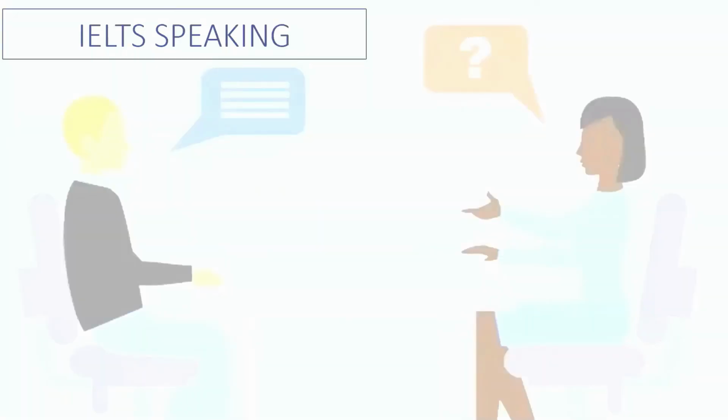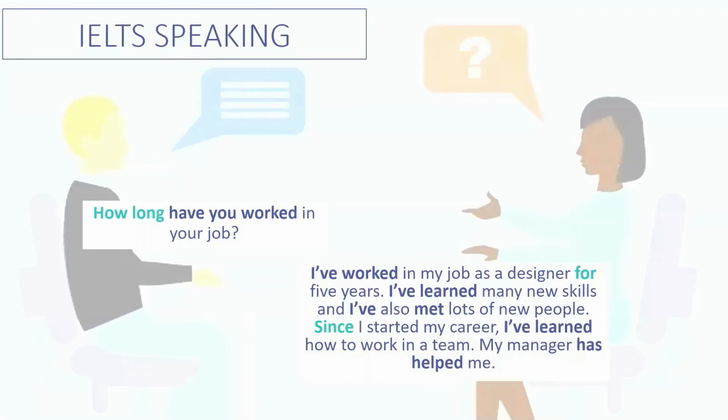So for example, how long have you worked in your job? So you can answer, I've worked in my job as a designer for 5 years. I've learned many new skills and I've also met lots of new people. Since I started my career, I've learned how to work in a team.